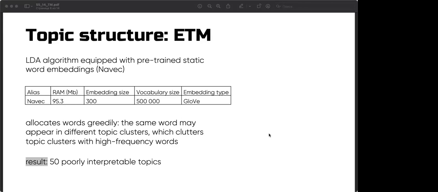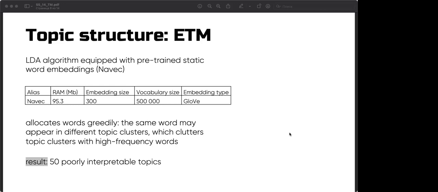So if a word is already in one topic, there is nothing stopping it from occurring again and again in all of the different topics. So in my case here, this implementation did end up with very similar topics because of this greedy approach, and those topics are pretty poorly differentiated from one another.